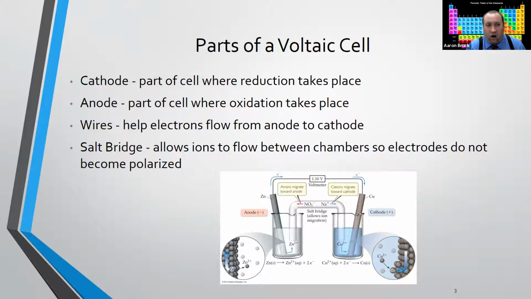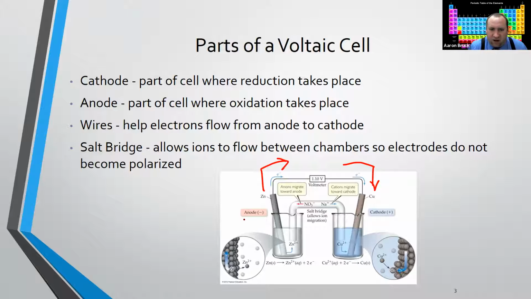Now, the cathode and the anode are connected to each other in two different ways. First of all, there are wires. The wires help to connect the cathode and the anode to each other, and also control the flow of electrons. And so in this case, we've got a zinc and copper cell. We can see that the electrons are flowing from the zinc through the wiring to the copper.